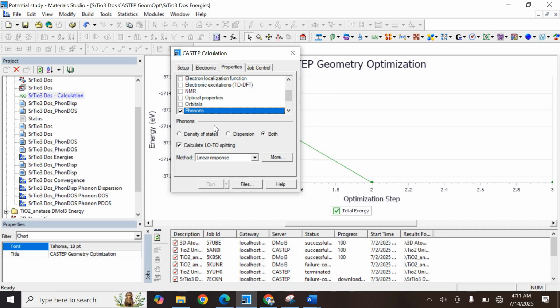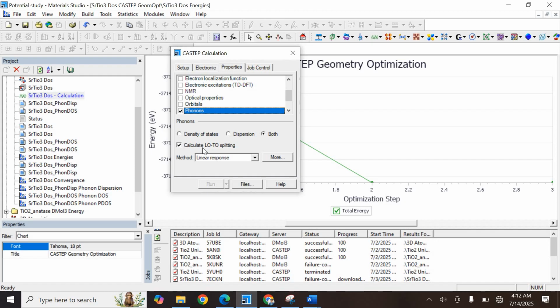I enabled both phonon DOS and phonon dispersion. Since we know SrTiO3 is a polar material, I also checked the box to include LO-TO splitting, which accounts for the difference between longitudinal and transverse optical modes due to polarization effects.